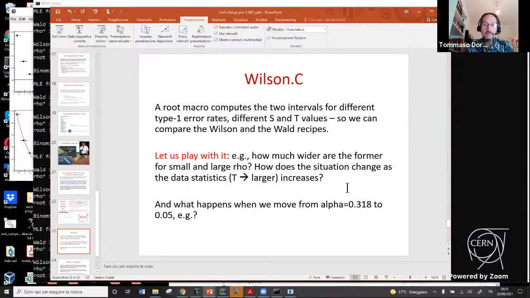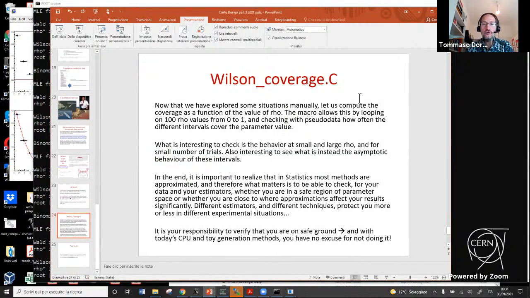So let's try to do this and estimate the coverage. How do we compute the coverage? We have to take a value of rho and generate many times a data set with a different number of successes sampled with a given value of rho from n trials. So this time we will not give the number of successes. It will be a variable in the toy generation.